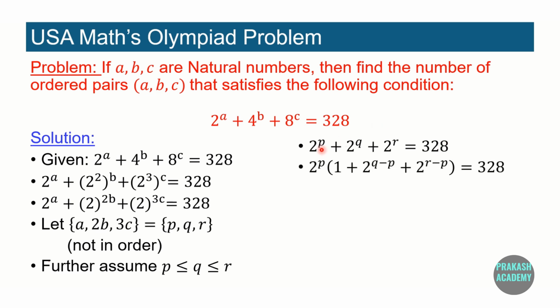Remember, P is the smallest, so I can take 2 raised to the power P common. What is left? Here I will have 1, here I will have 2 raised to the power Q minus P, here I will have 2 raised to the power R minus P, and this is equal to 328.